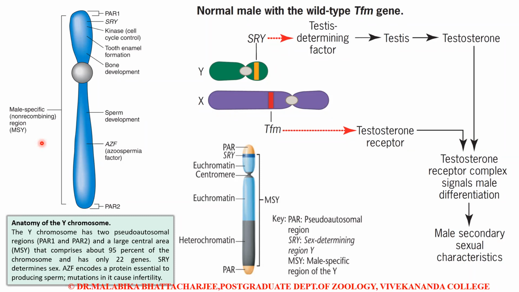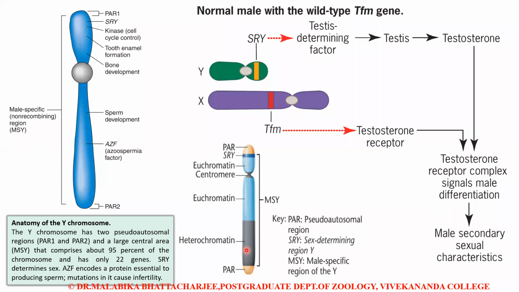This portion can combine with the X chromosome during meiosis and helps in the detachment and in spindle formation, and as a result the meiosis process can initiate. Now let's look into this region in a bit more detail.